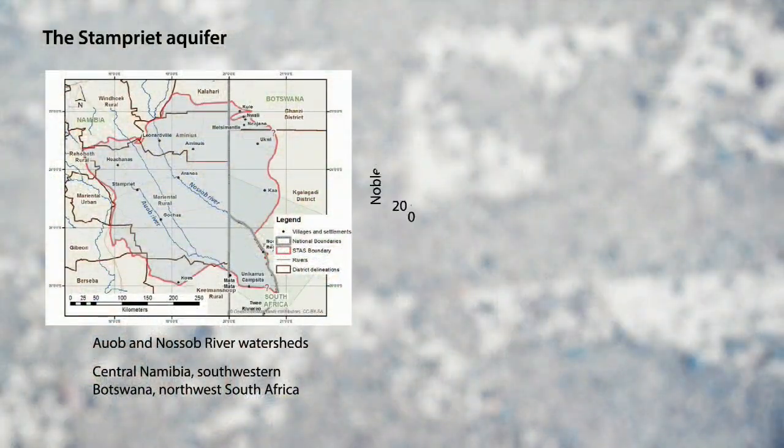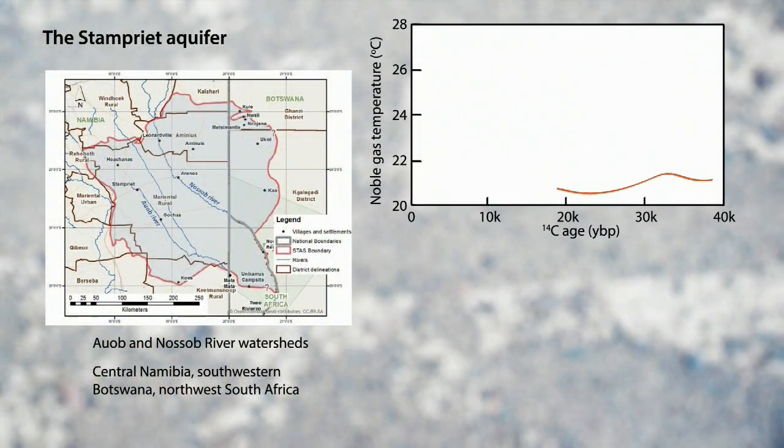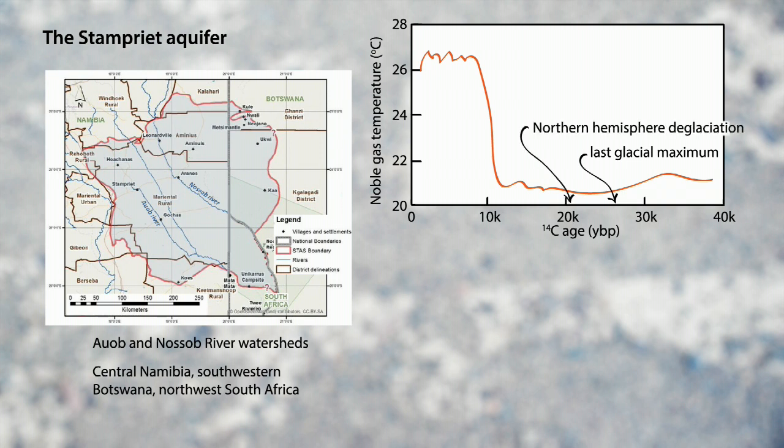Turning to regional temperatures, the noble gas temperature of this fossil water shows a marked warming beginning about 12,000 years ago. This corresponds to the end of the last ice age, which was at its worldwide peak at the last glacial maximum, roughly 26,000 years ago. As the Earth emerged from the latest ice age, deglaciation in the northern hemisphere began roughly 20,000 years ago.